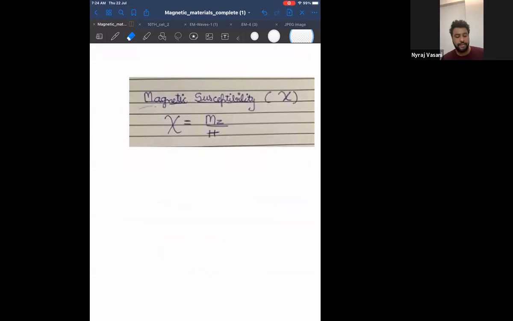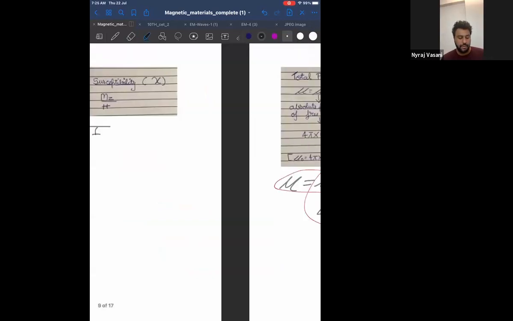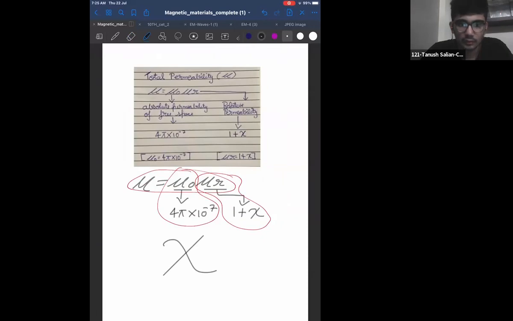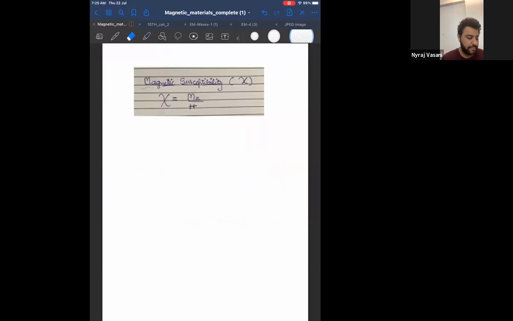It is written like this. It is like X, but the left hand side is a wing. Have we done susceptibility in the last class? Yes, sir, we have done it.